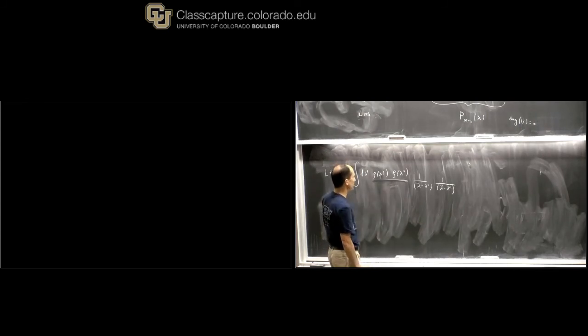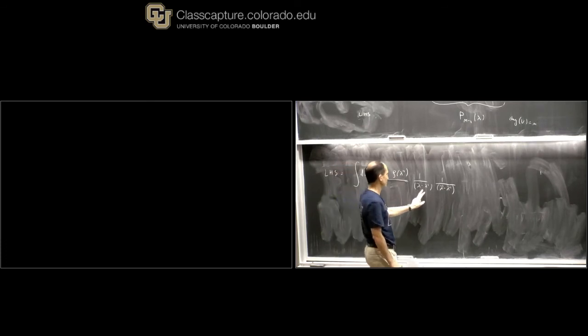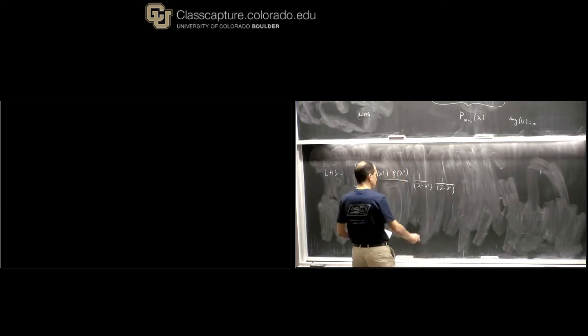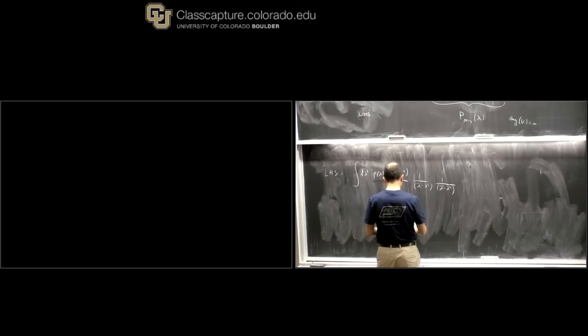And now we can rewrite this. First we notice that this factor is symmetric under exchange of lambda and lambda prime. This factor is not quite symmetric, but we can take this and add the symmetrization of that. So we have 1 over lambda prime minus lambda double prime, that's this factor, and then 1 over lambda minus lambda prime, that's this factor.